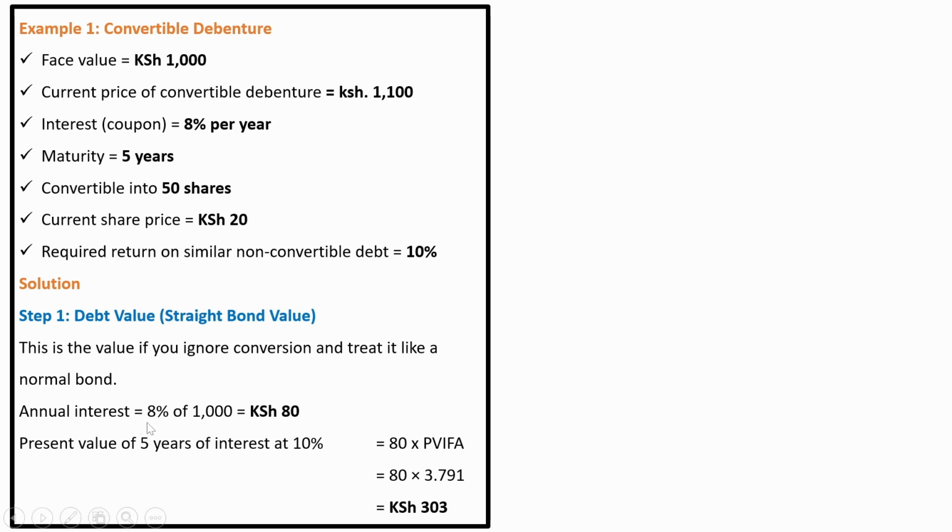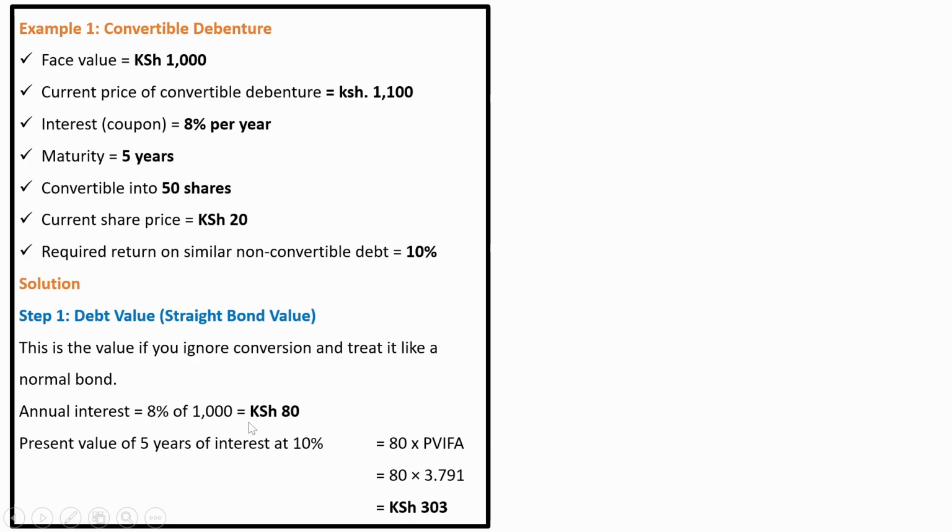So what is the interest per year? Annual interest is 8%. 8% is the interest or the coupon rate multiplied by the face value 1,000. So remember, you're not supposed to use the current price to find the interest. Always use the face value to find the interest.